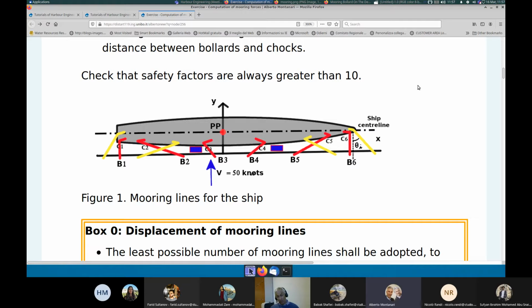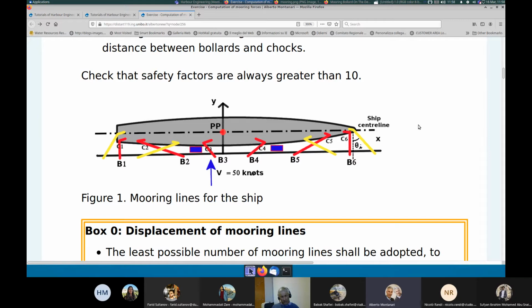There are people working to load it, and you absolutely have to avoid that the ship gets unmoored suddenly because a mooring line breaks. And also you have technical regulations that impose to change the mooring lines at a periodic frequency. So you cannot use the same mooring line for 50 years.